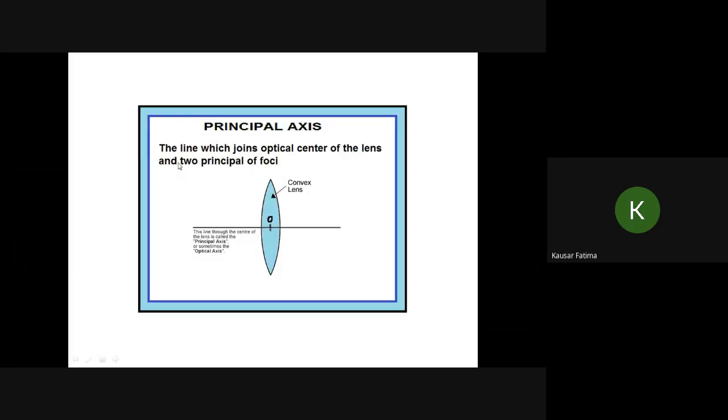The principal axis is the line which joins the optical center of the lens and the two principal foci. Every lens has two principal foci, one on this side and the other on the other side. The line passing through the center of the lens is the principal axis.